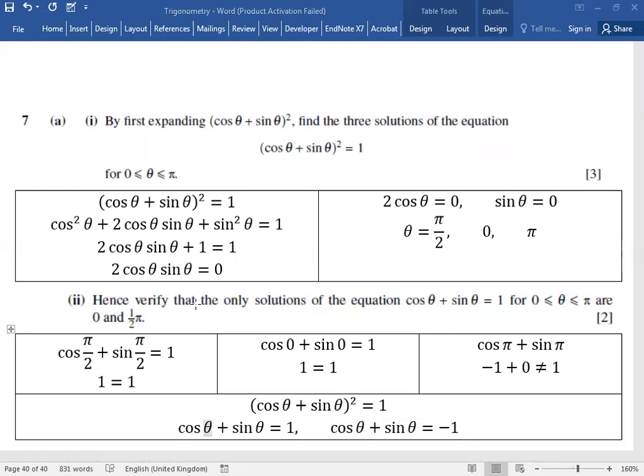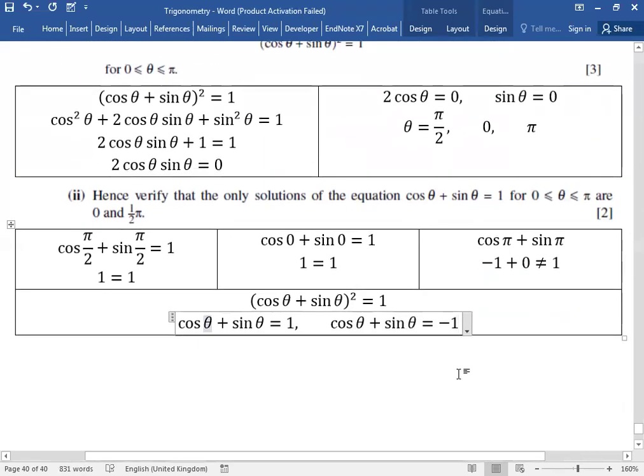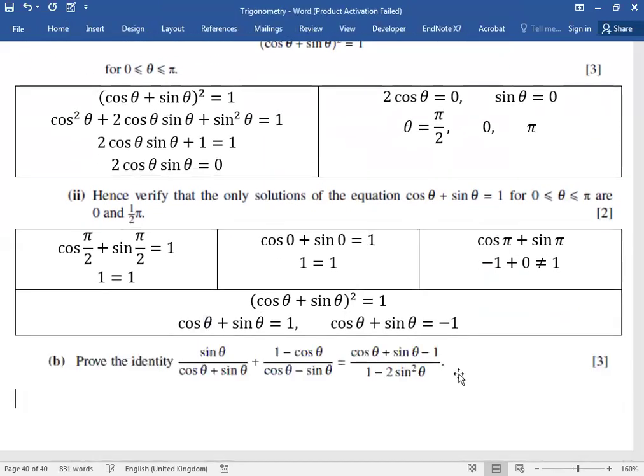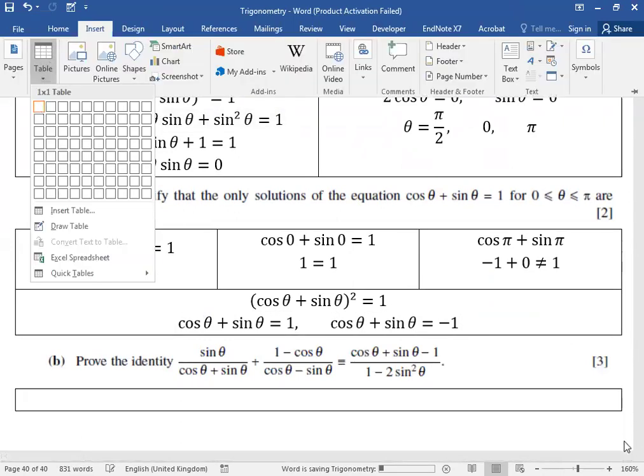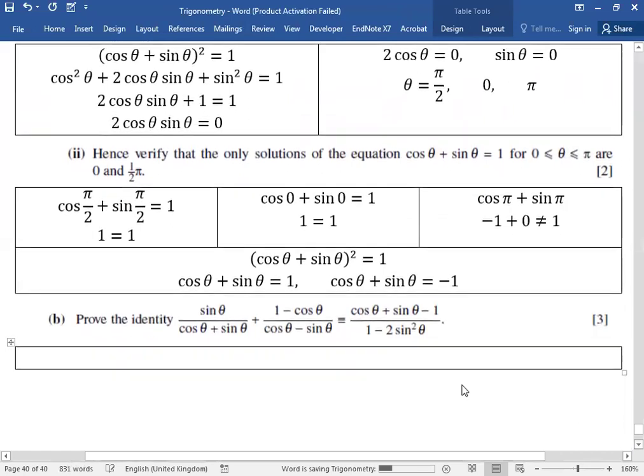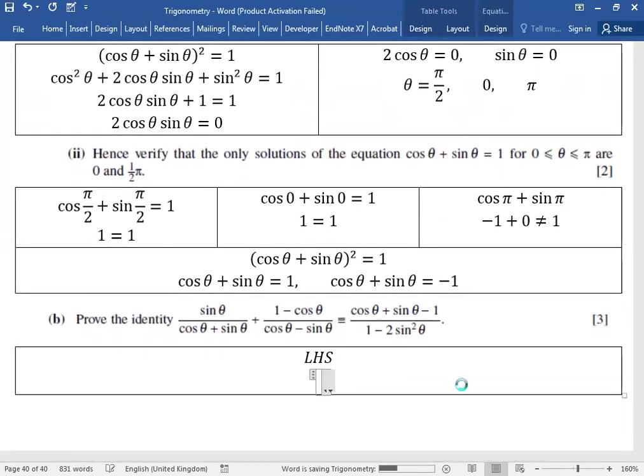Let's look at the next part too. Proving identity. Let's see. How do we prove the identity? Starting from the left hand side, started with the LHS.